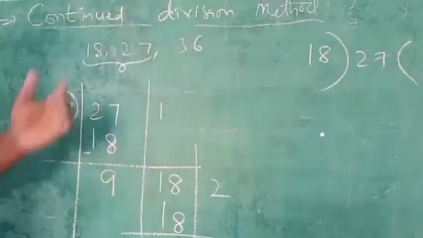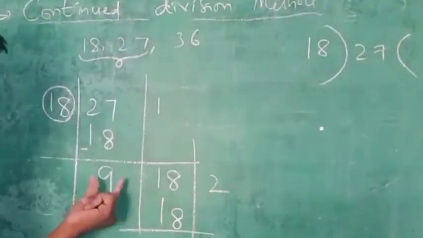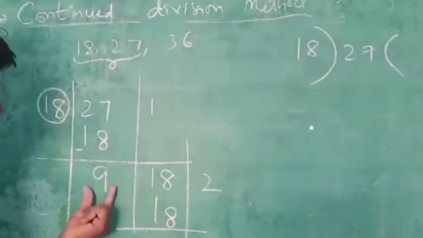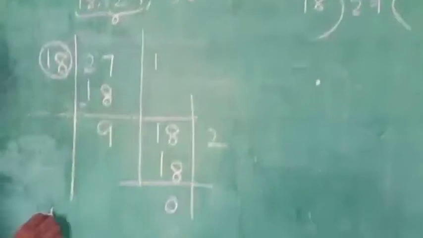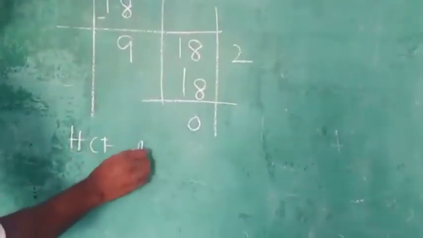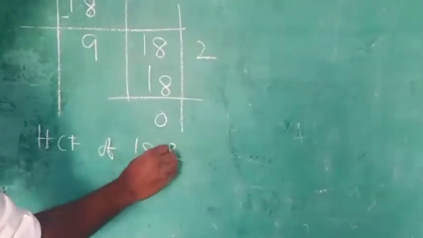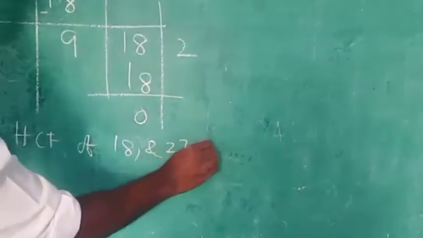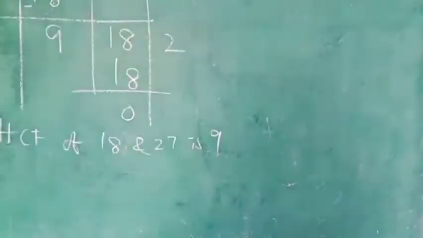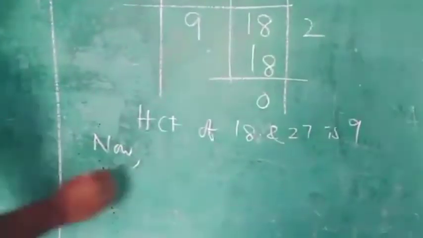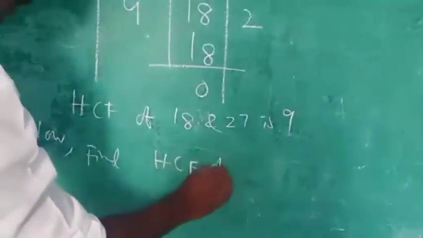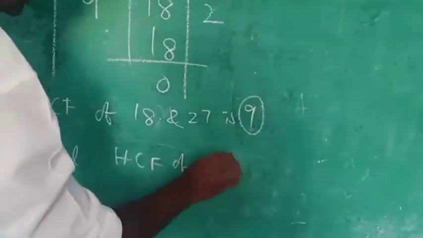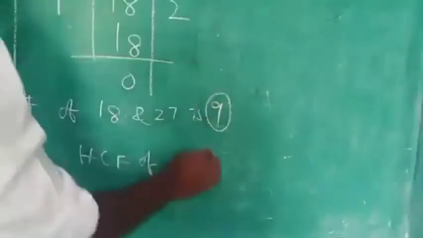Later, again what HCF you got here, that HCF 9 and 36, again you take the HCF for this one. Now you got the HCF of 18 and 27 as 9. Now find the HCF of the answer you got, 9, and what is given in the question, 36.